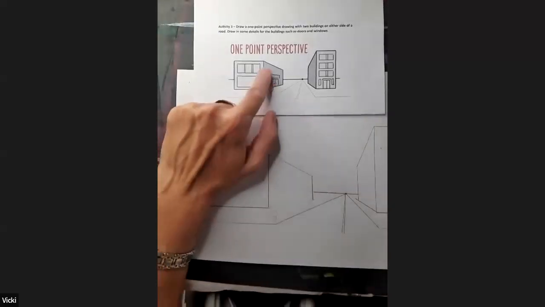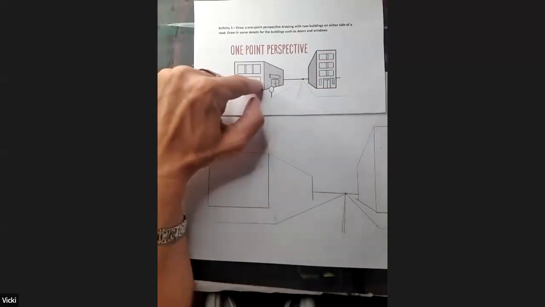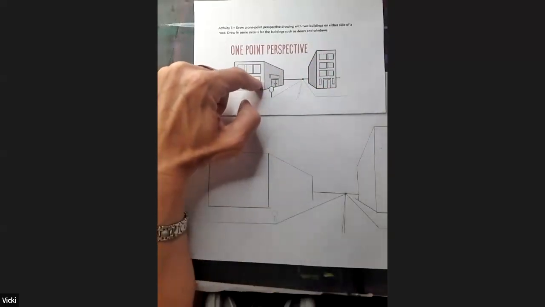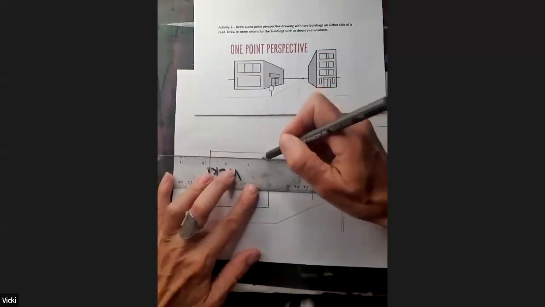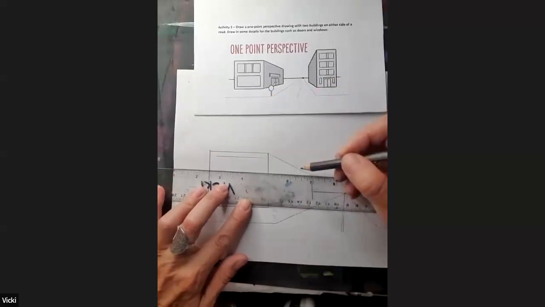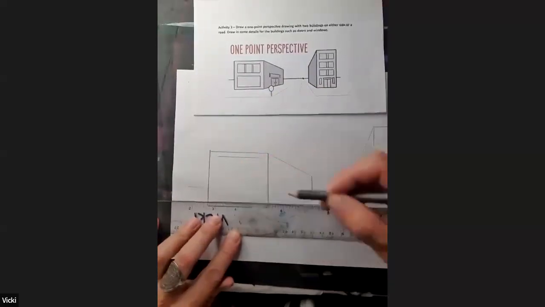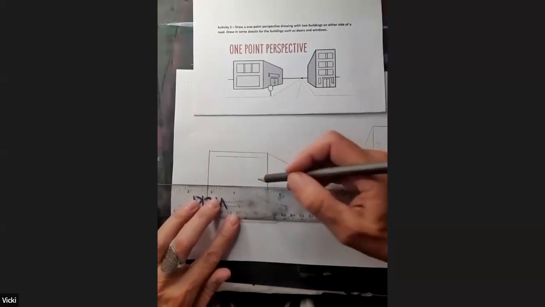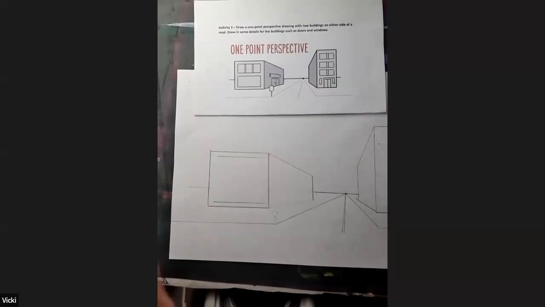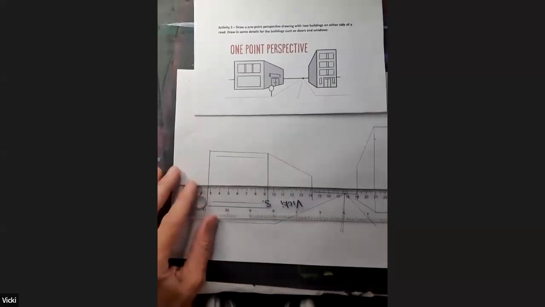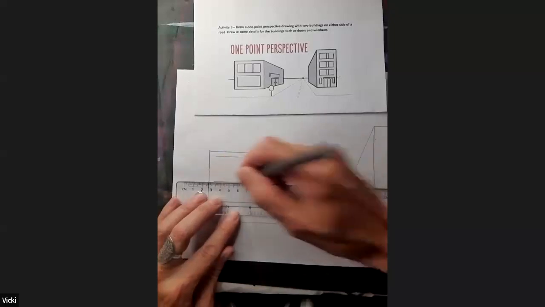Now, see all those windows and doors inside your building? You have to make those now. All right. So, for example, this is going to be my window, and then I've got another larger window down the bottom here. All right, so you guys have to start creating whatever is on the page, right?